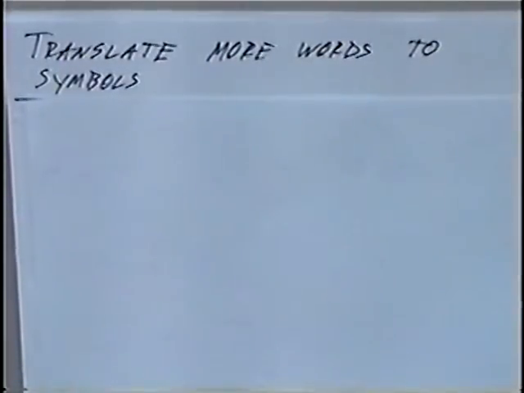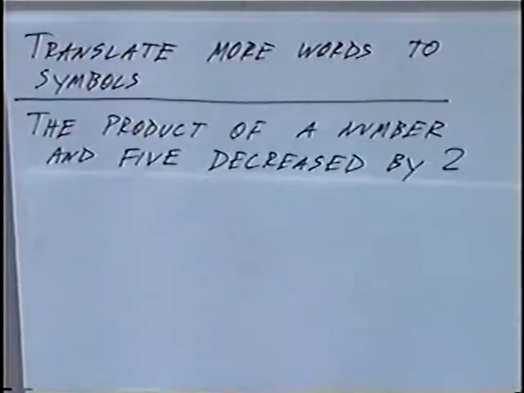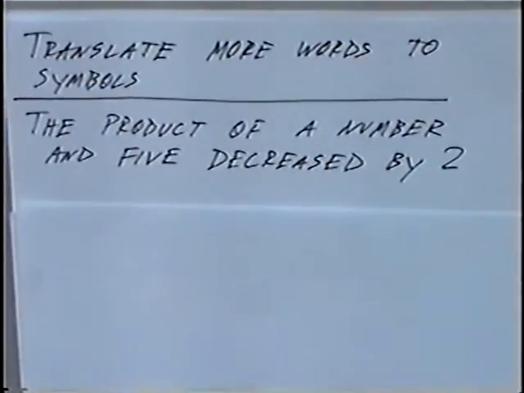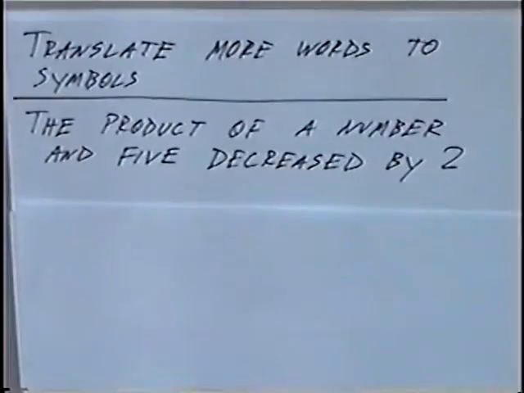Title of the next section is Translate More Words to Symbols. Again, in this section we'll continue to translate vocabulary words into mathematical symbols or operations. First problem is the product of a number and 5 decreased by 2.